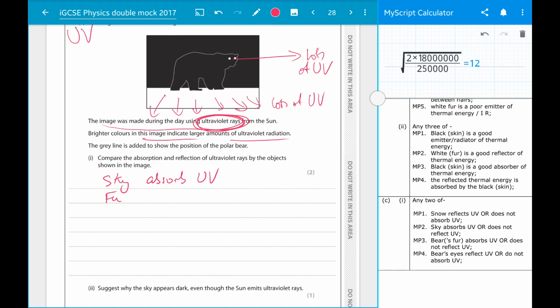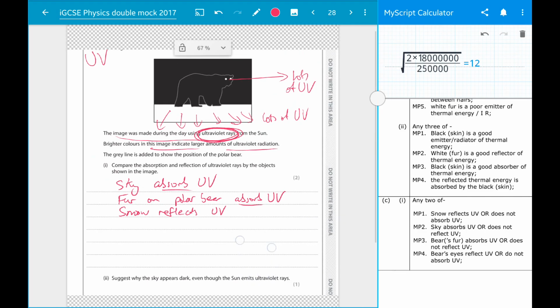The fur on the polar bear must also absorb UV, because nothing's being reflected. You're not getting any. The camera's not picking up any from the bear. So if it's not picking up any, then it must be that any UV that hits the polar bear is staying on the polar bear. So the snow reflects UV, and back to the camera.